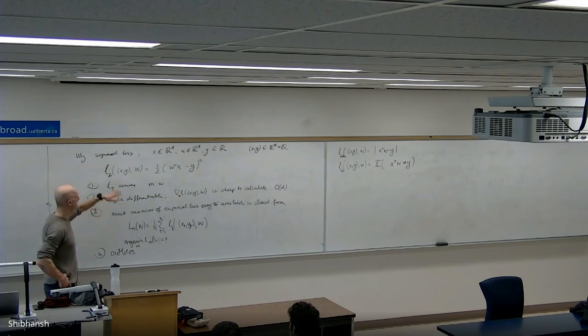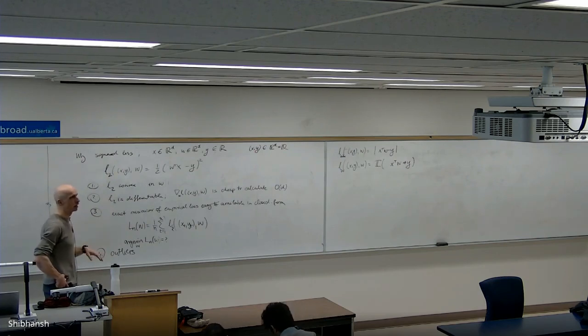0, 1 loss. Not convex, not differentiable, not exact. Awesome with outliers, but in general, in this situation, it would be really bad because it always gives you 1, and so you are never happy. So it's not sensitive enough.